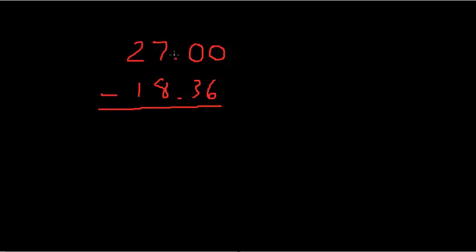Right? 0 minus 6, I can't do that without borrowing, so I'm going to borrow from my 7, becomes a 6, give that to the next 0, borrow from that, becomes 9, and then give that to my very last 0 here. So I have 10 minus 6, we get 4, 9 minus 3, 6, 6 minus 8, I need to borrow again.